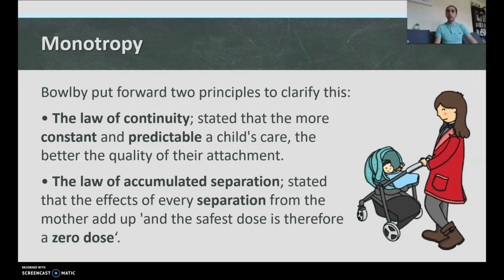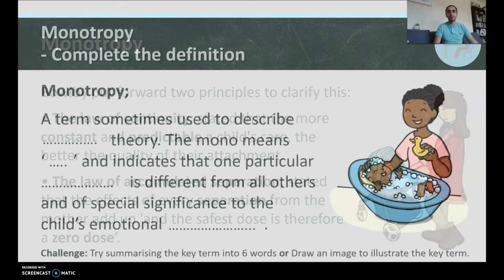The law of accumulative separation stated that the effects of every separation from the mother adds up, and, quote, the safest dose of separation is therefore a 0 dose. Bowlby really thought it was important that the mother was with the child as much as possible, and there should be no separation from the mother.